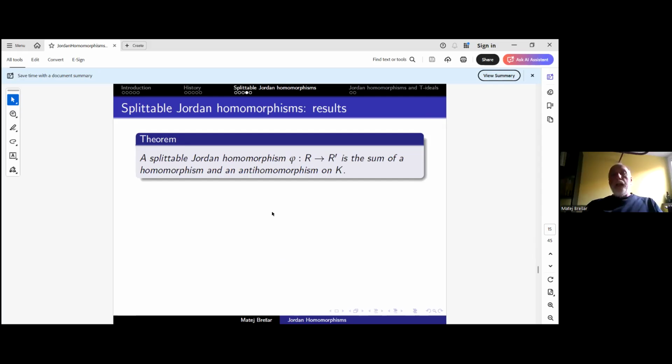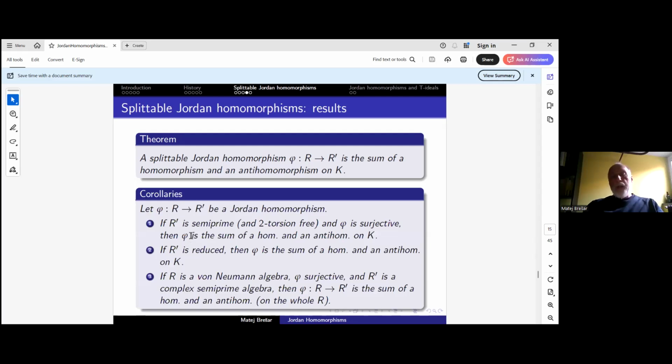So the main result of this paper I'm presenting states that a splittable Jordan homomorphism is the sum of a homomorphism and an anti-homomorphism on K. And there are several examples showing that the restriction to the commutator ideal case is natural in this context.